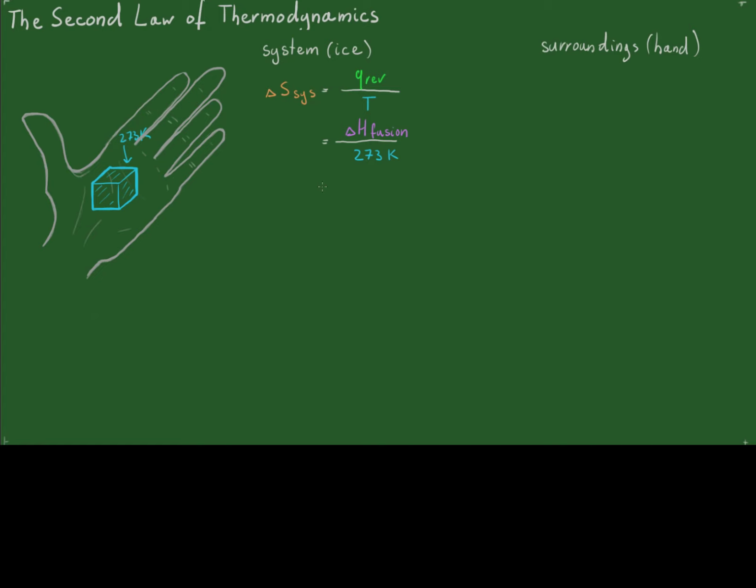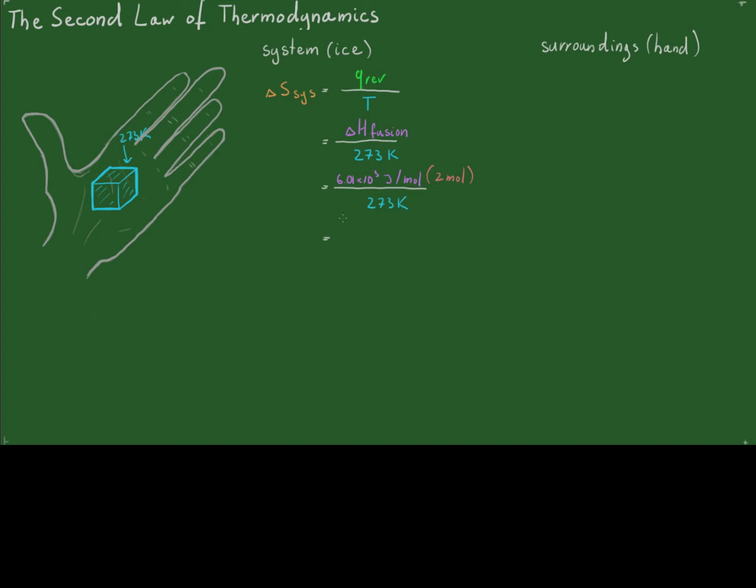And what is the heat of fusion? Well, we can look that up. And it is 6.01 times 10 to the power of 3 joules per mole. And let's say that there are 2 moles of ice, just to make it a little bit interesting. So all of that over 273 Kelvin.